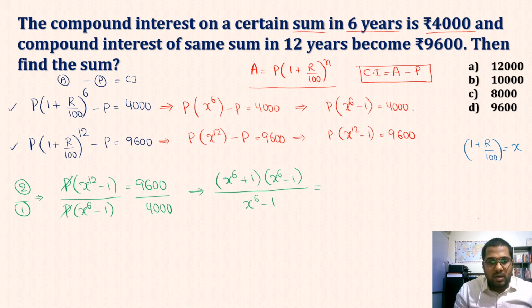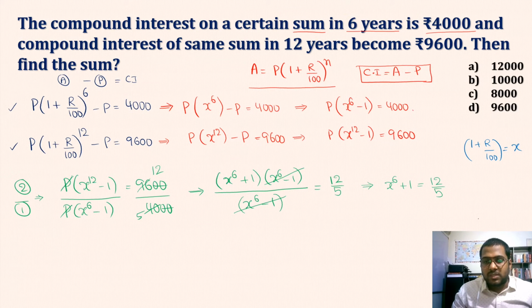On the right hand side, 9600 by 4000: 2 zeros cancel, 8 12 times, 8 5 times, is equal to 12 divided by 5. You can cancel X power 6 minus 1 with X power 6 minus 1, so you are left with X power 6 plus 1 is equal to 12 by 5.